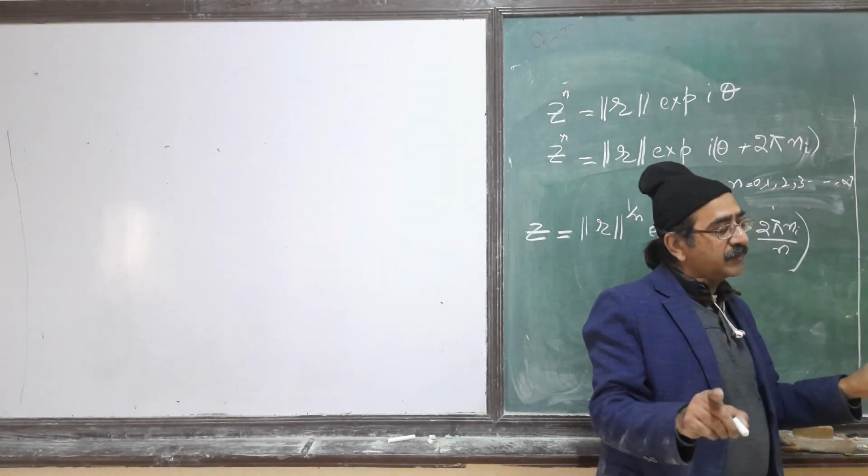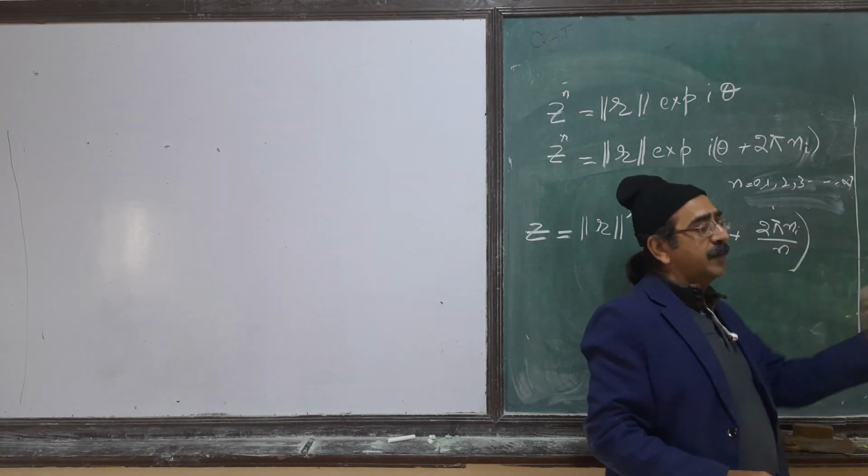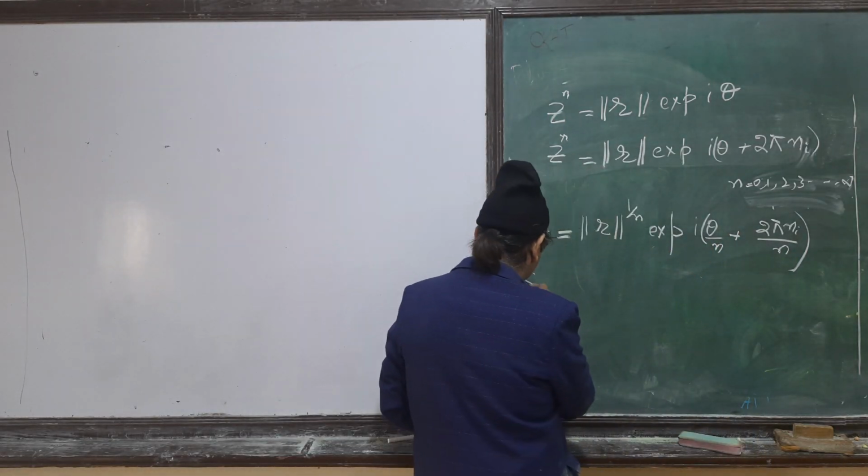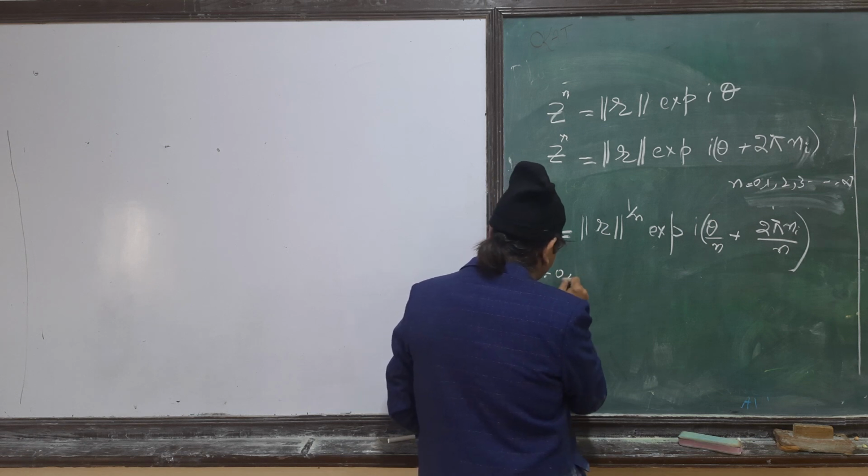It is looking like n_i has an infinity. Yes, it has an infinity, there is no doubt, but it will be repeated, so the number of roots will be equal to n, and i has infinity.